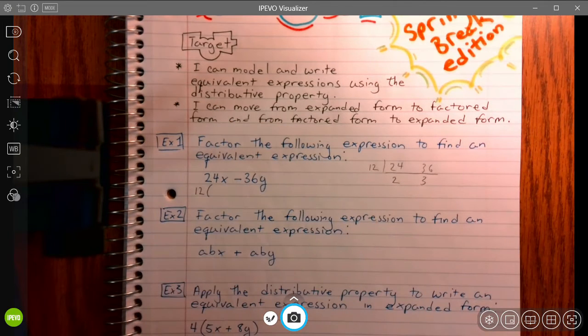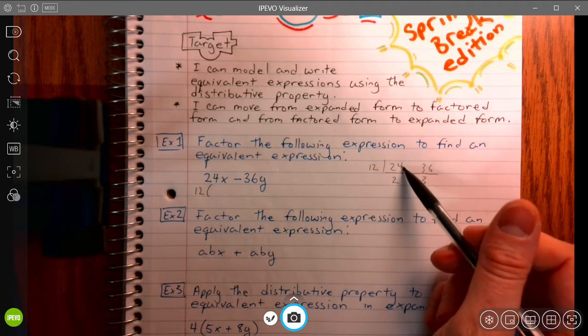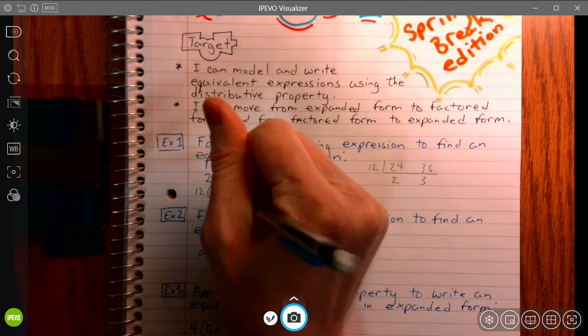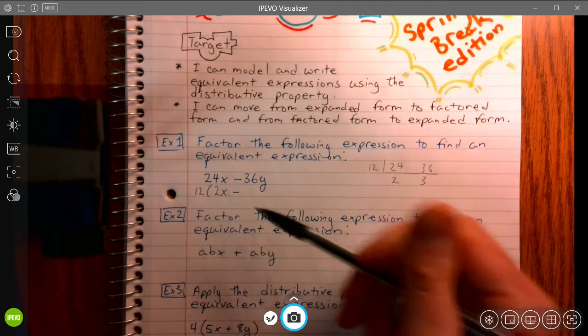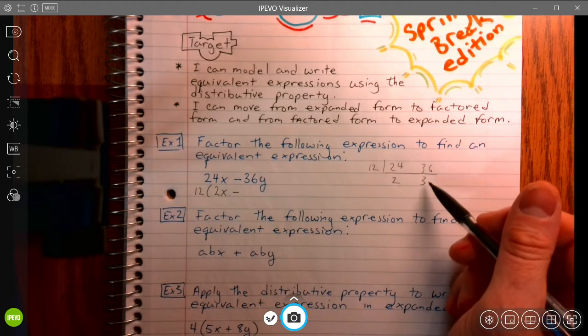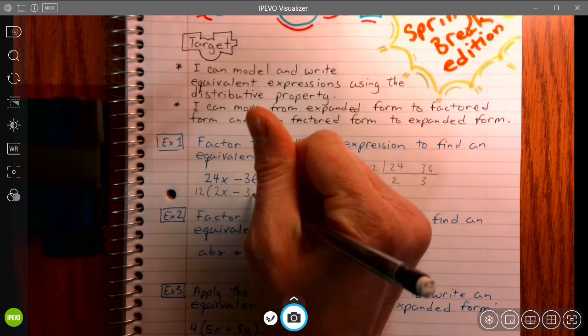Okay. Notice I put that opening parenthesis there. And when I pull a 12 out of 24, what am I left with? I'm left with 2. But I didn't do anything with that x, so that x stays there. I keep the minus sign the same. And when I pull the 12 out of 36, I was left with 3.